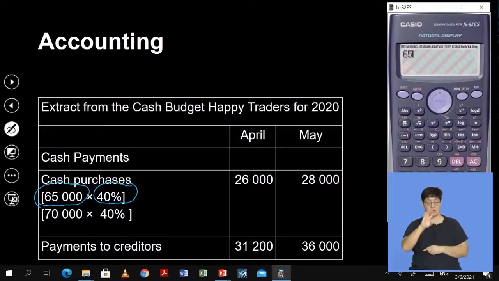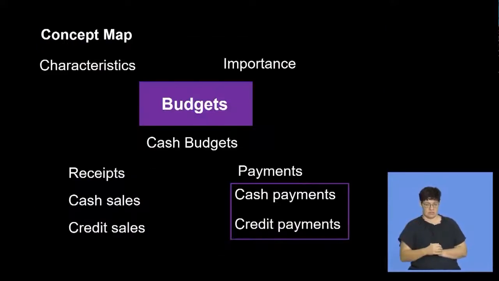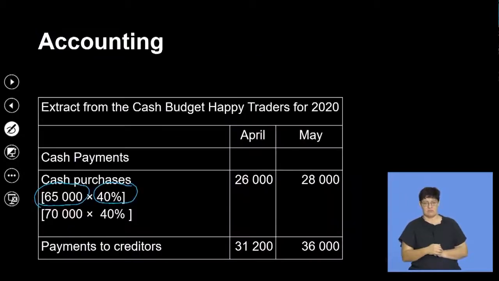Here we go, 65,000 times my 40%. And that gives me a figure of 26,000. There's my 26,000, which is my cash purchases.